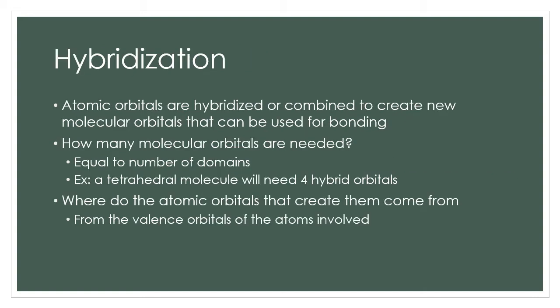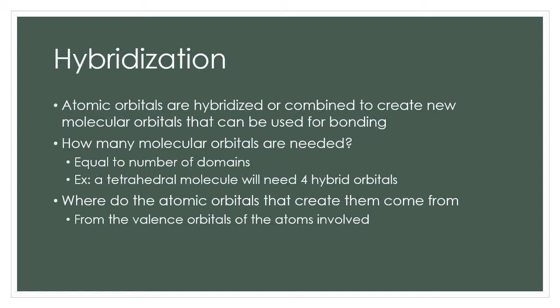The thing that turns the atomic orbitals into new molecular orbitals is called hybridization. Basically, what happens is the atomic orbitals are put together and combined into a new form, or hybridize, to create the molecular orbitals used for bonding. You should always consider how many molecular orbitals you're going to need when you're discussing how something is hybridized. The number of hybrid orbitals required will be equal to the number of domains, including any that might contain lone pairs.